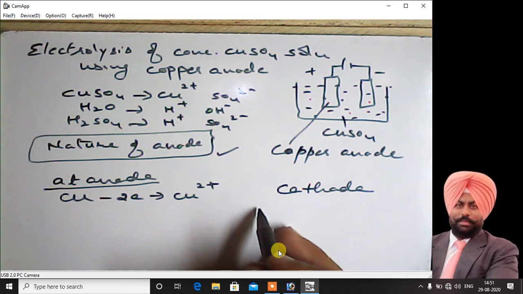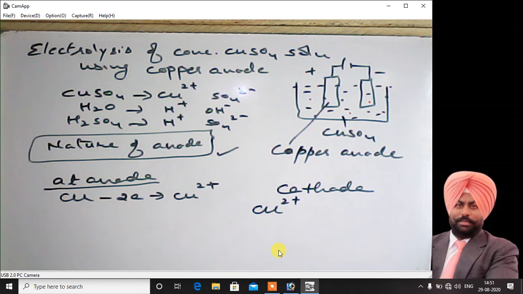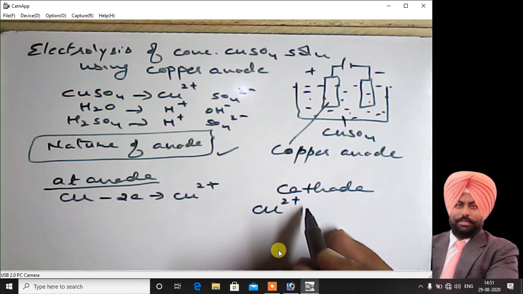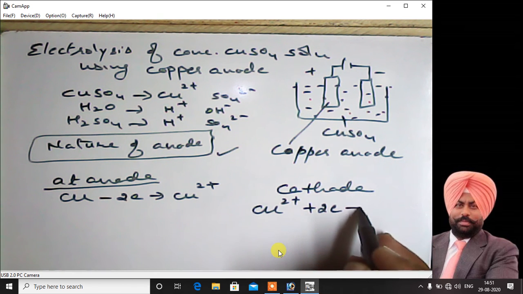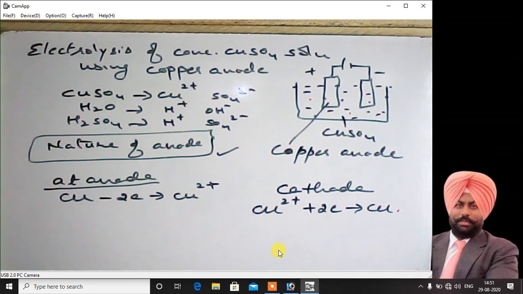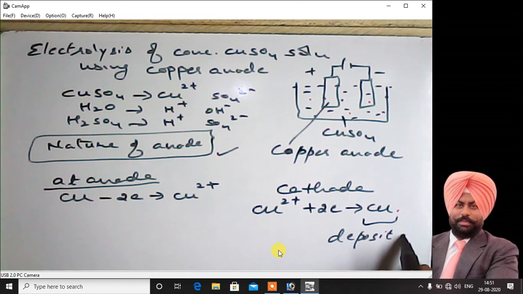And at cathode, these copper 2 positive ions will gain 2 electrons because it is having deficiency of 2 electrons, and it will form copper atom. This copper atom will deposit on cathode.